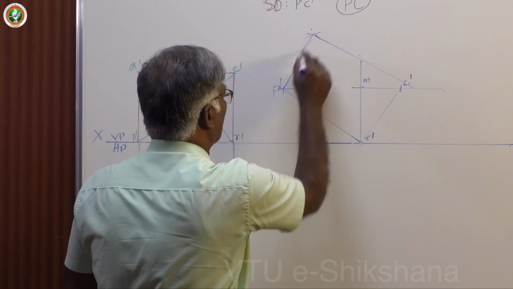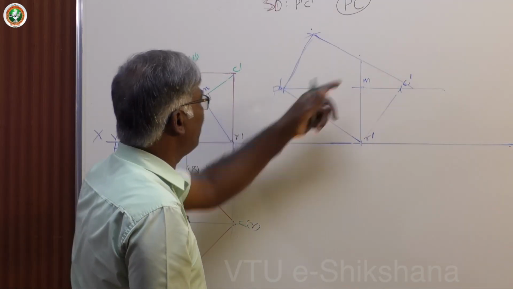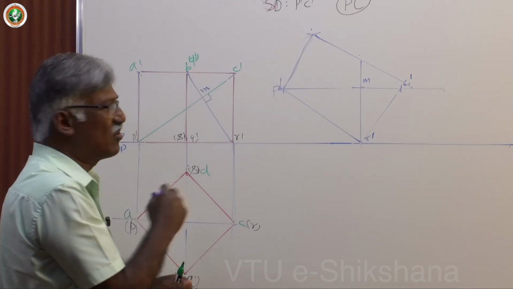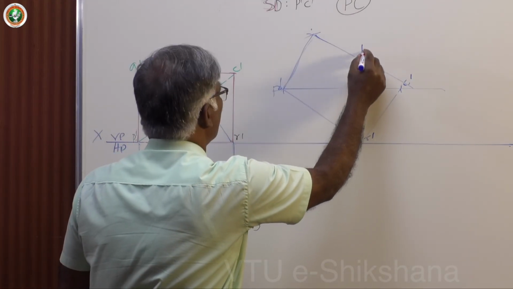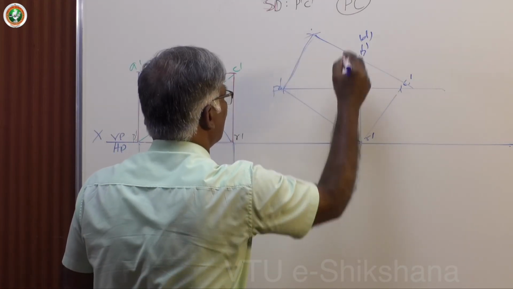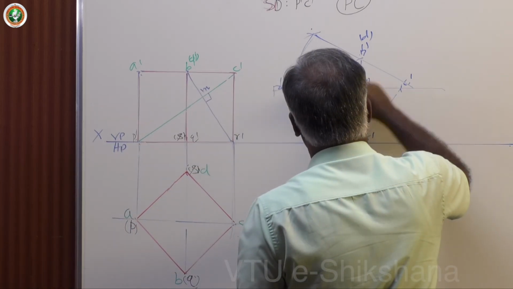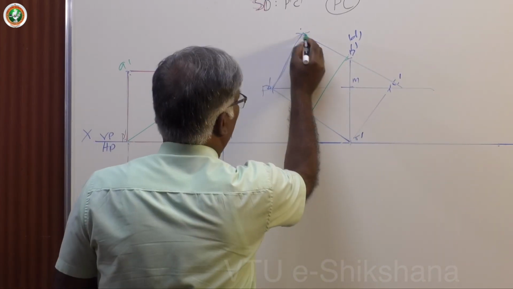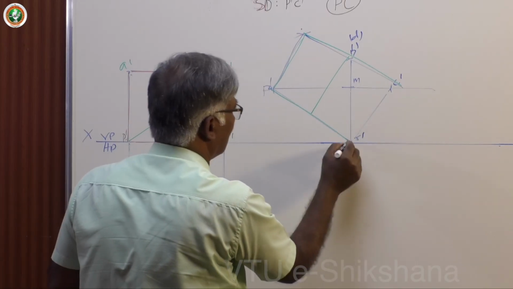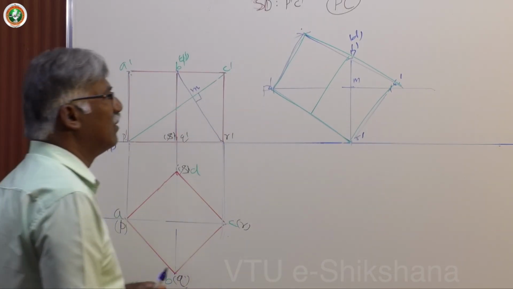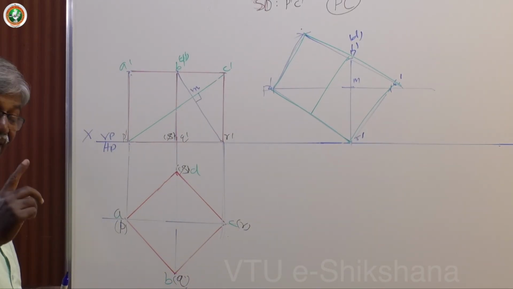Now, automatically this point becomes the center of the top line, that's all. See, this becomes B dash and D dash. Then complete this midline. See, this is how you get the front view in the second figure.